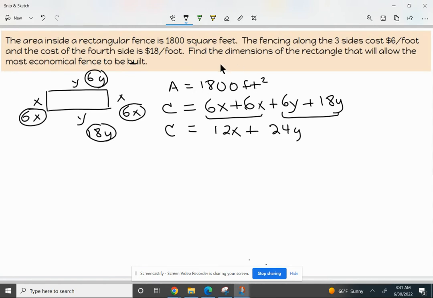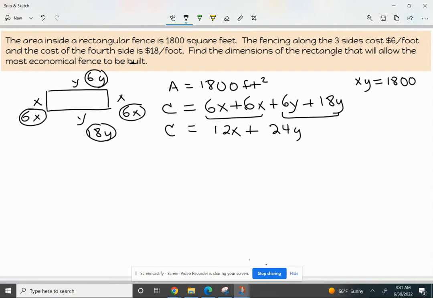But look what we can do. We know the area is 1,800. So I know that the length x times the width y, and again, it doesn't matter which is which, x times y equals 1,800.